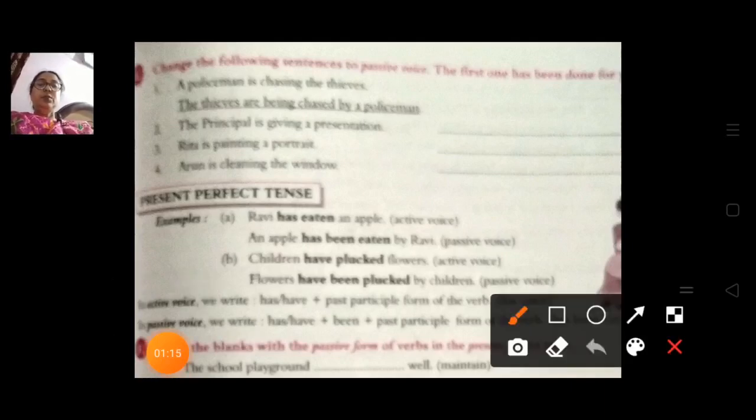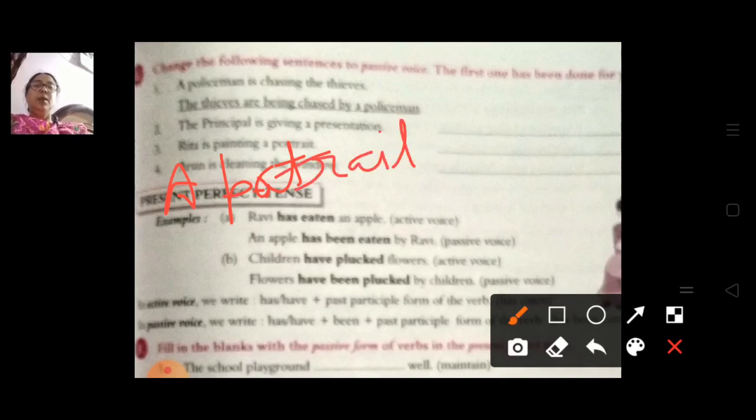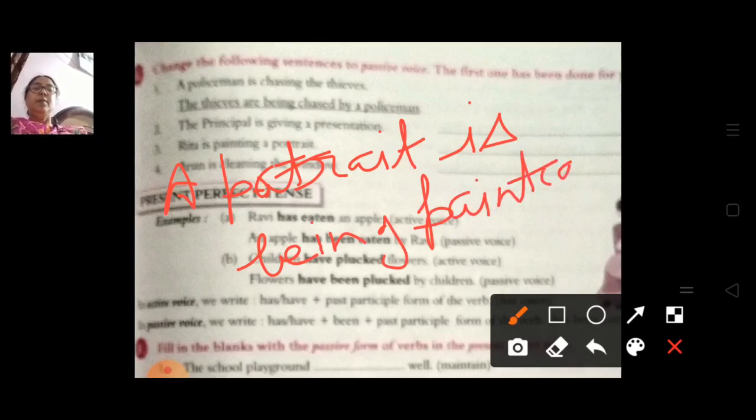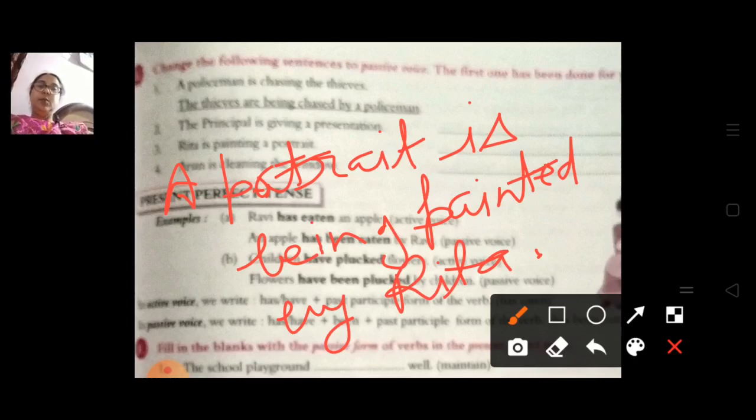Now we are going to do: a portrait is being painted by Rita. A portrait is being painted by Rita. So complete it.